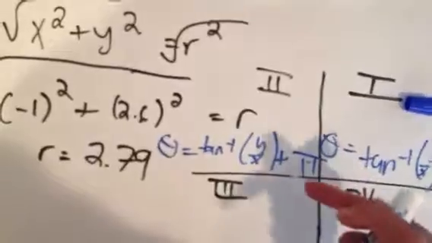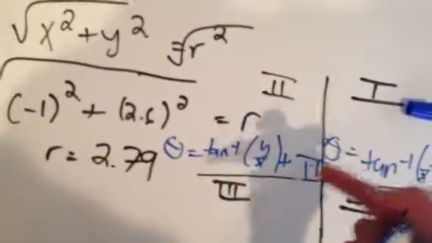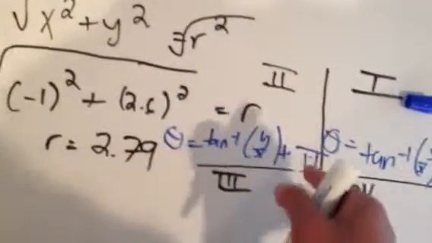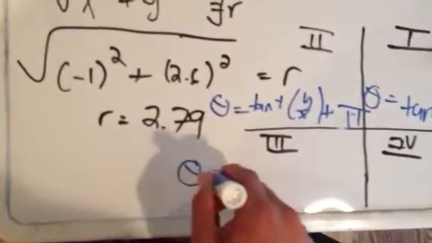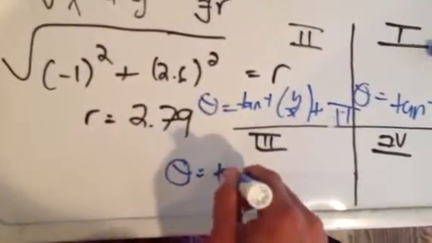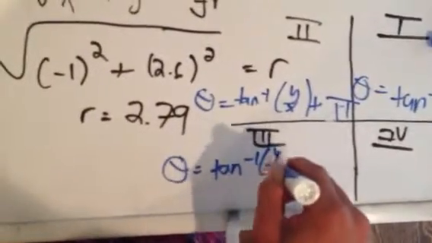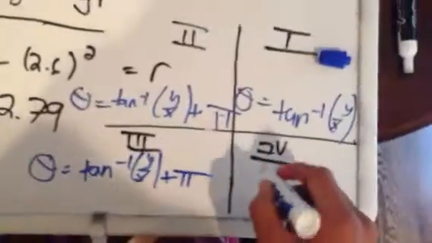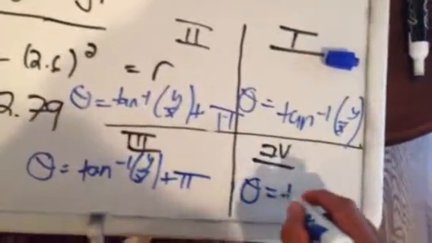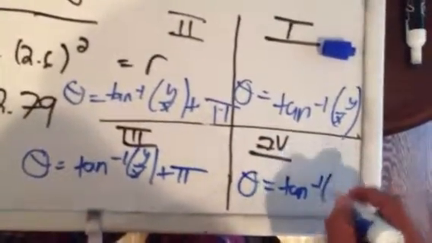Remember, pi, of course, is a radian measure. So in terms of degrees, whatever degree you get here, you add 180 to that. In the third quadrant, it is the same thing as the second quadrant: tan inverse of y over x plus pi. And then in the fourth quadrant, it's the same as the first.